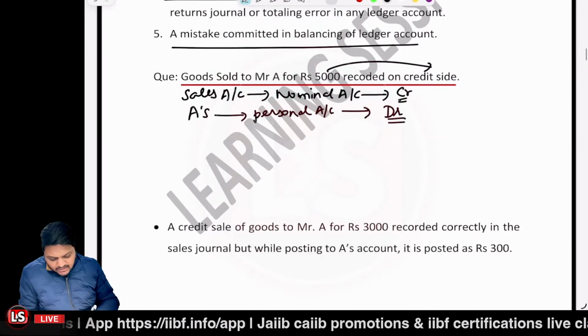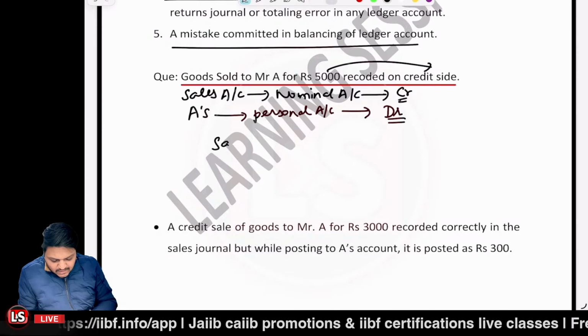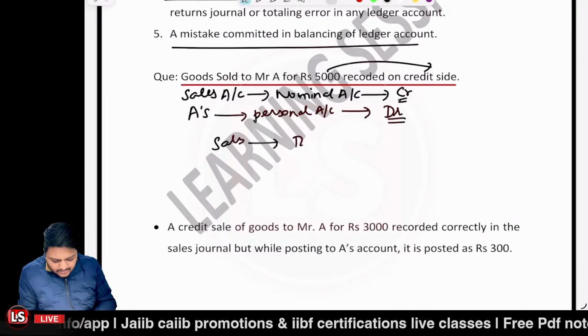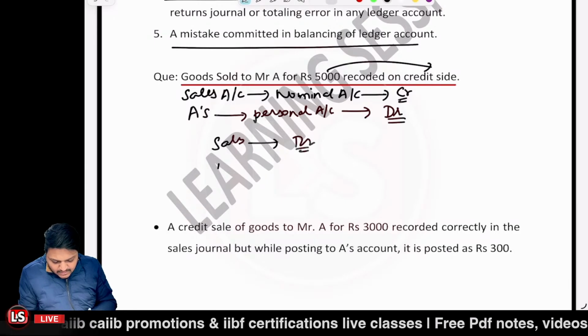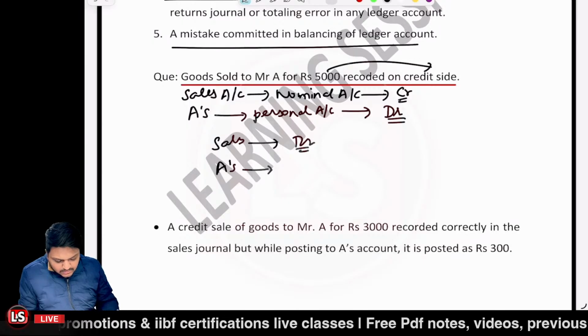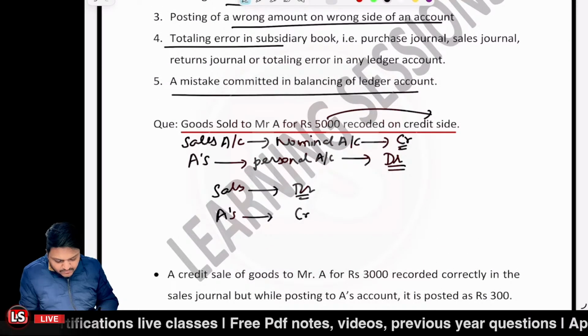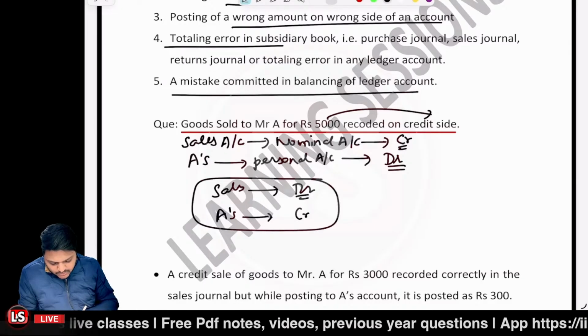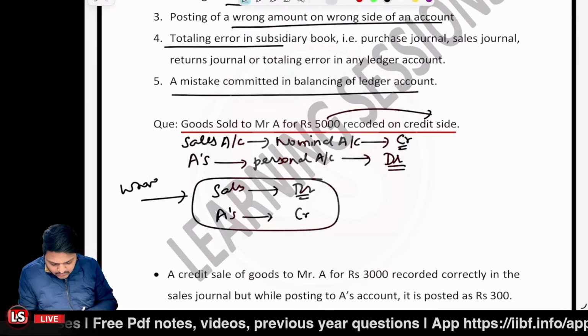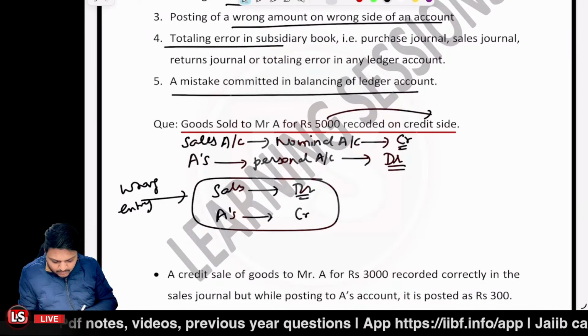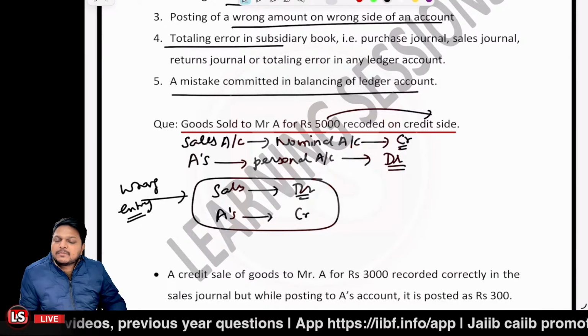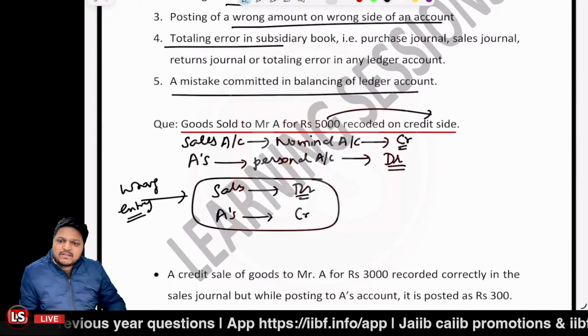So the entry was done such that the sales account was debited and A's account was credited. This was a wrong entry which was posted. Is this clear? Now, how can you rectify this particular entry?